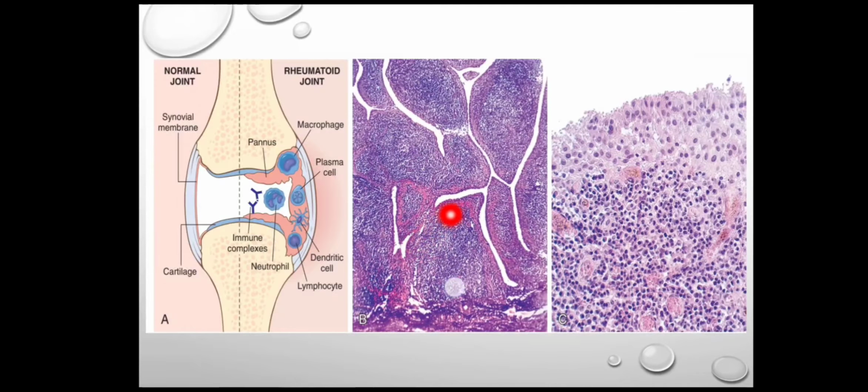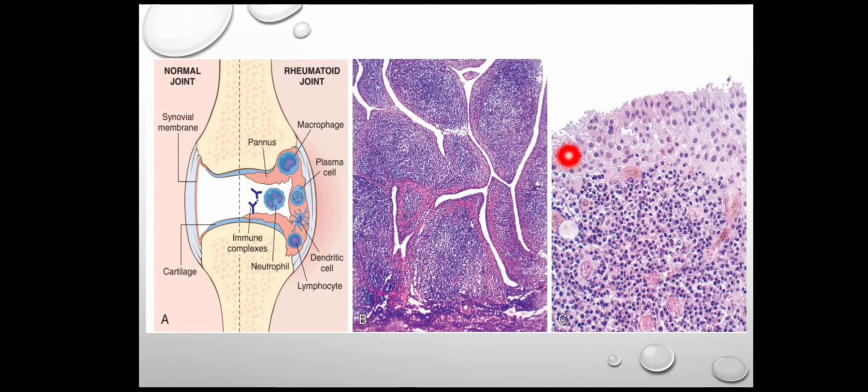This is proliferation of the synovial membrane, or synovial cell hyperplasia, and in the stroma of the synovium there are dense lymphocytic aggregates. All this is lymphocytes, and the covering of these fronds is the synovial membrane. So mainly this is the frond-like synovial proliferation seen in rheumatoid arthritis.